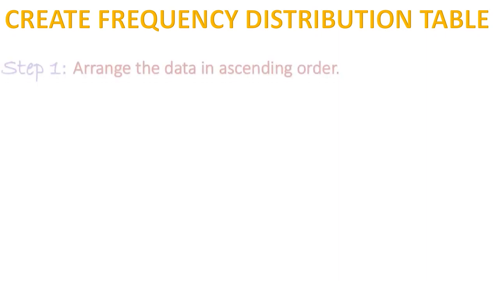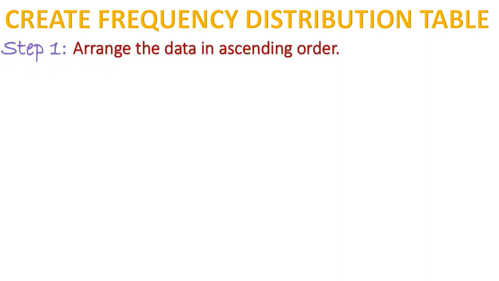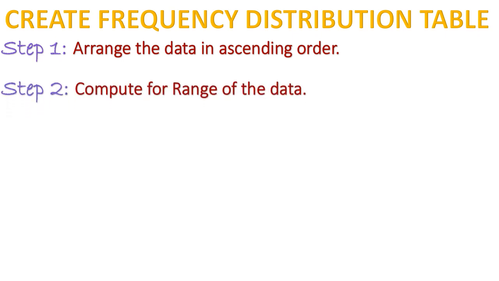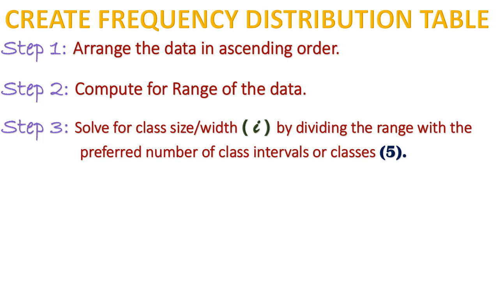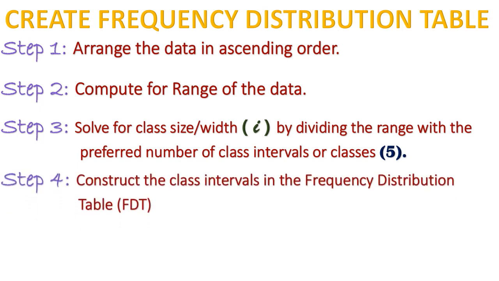In our previous video lesson, I made a video on creating a frequency distribution table, but I'm going to run through the steps here so that you will be guided again. Step 1, arrange the data in ascending order. Step 2, compute for the range of the data. Step 3, solve for the class size. Step 4, construct the class intervals in the frequency distribution table.